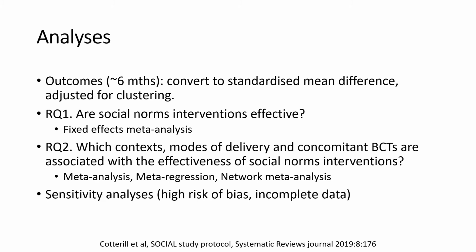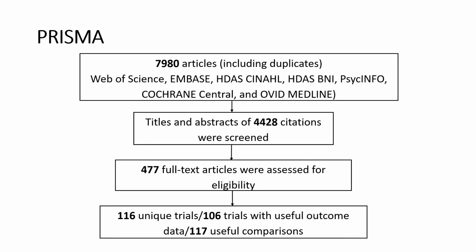Many of our trials were cluster trials, so we adjusted for clustering. We used a mixture of different kinds of analysis, including fixed effects meta-analysis, meta-regression and network meta-analysis. We also undertook some sensitivity analyses to take account of studies that were at high risk of bias or where the data had been incomplete.